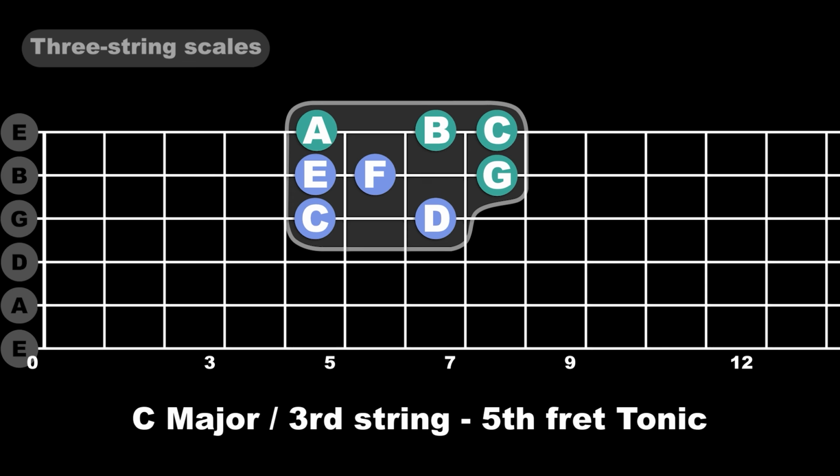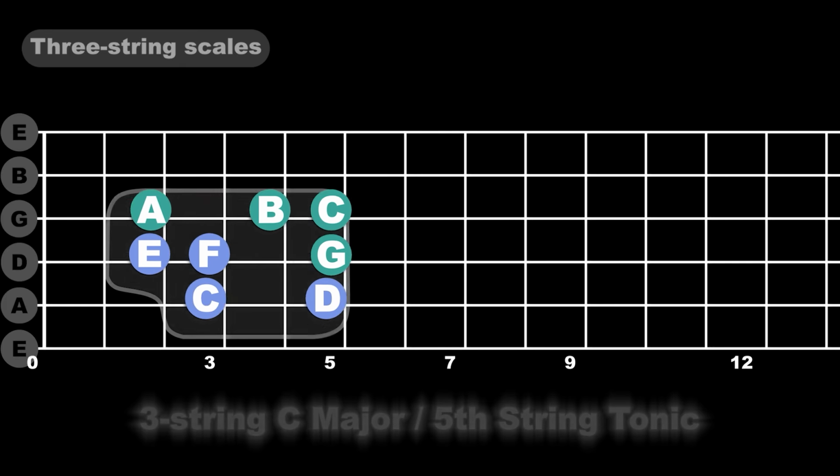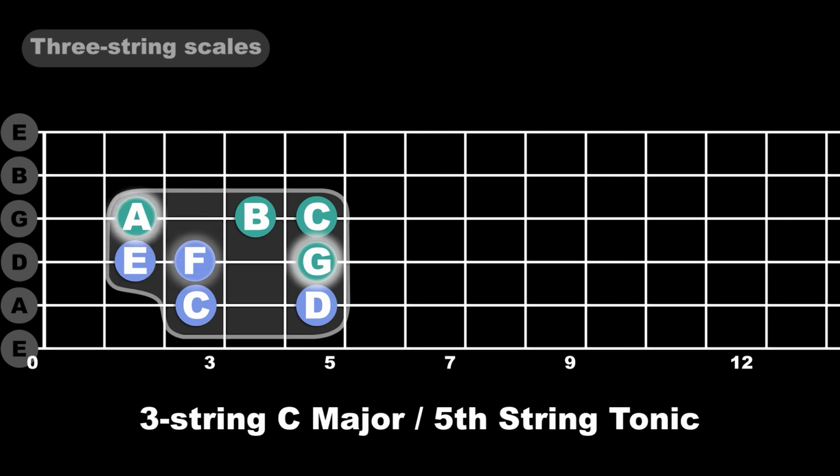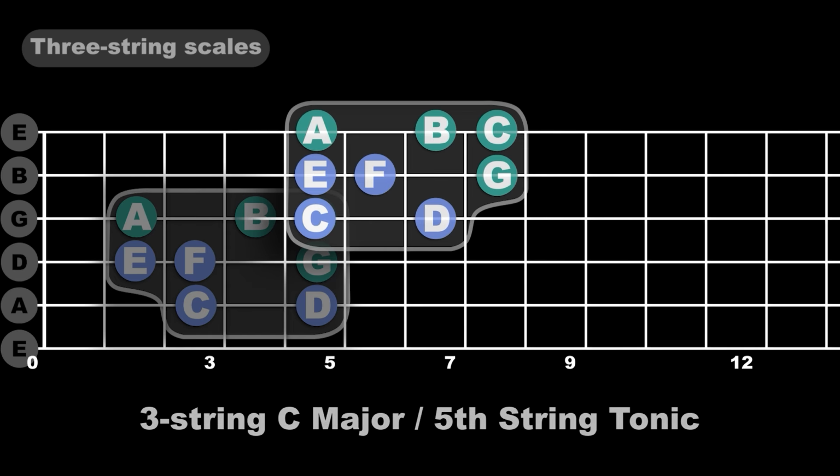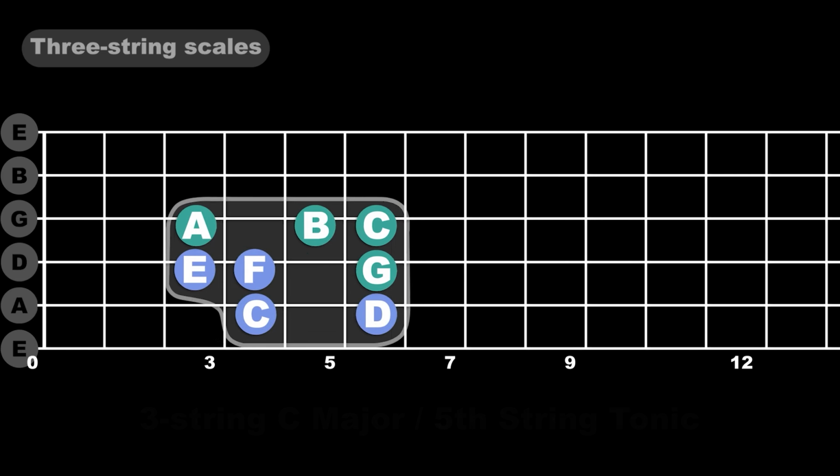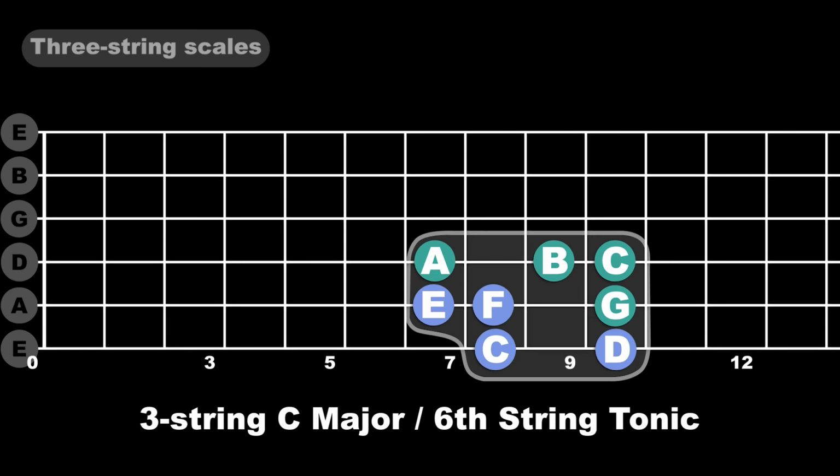There are three different shapes for these three-string scales. This fifth-string version of the scale has the notes positioned a little bit differently than the previous example, which had its tonic on the third string, but the shape remains the same when it goes from the fifth string to the sixth.